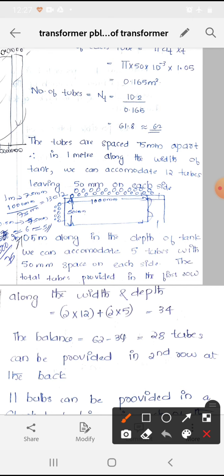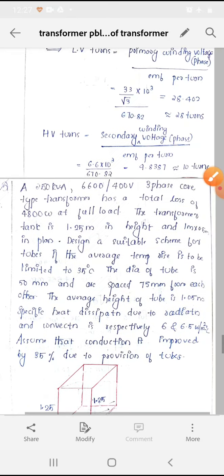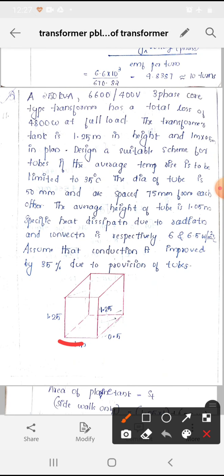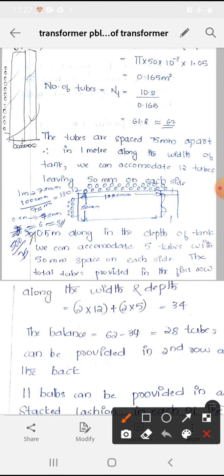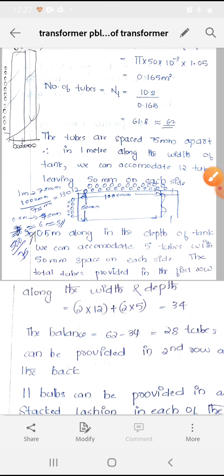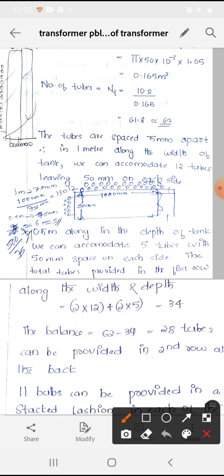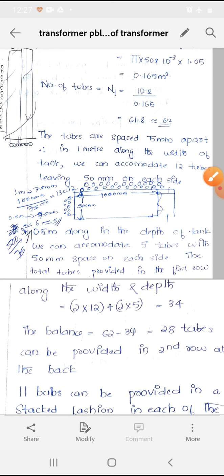For that, the length is given as 1000 mm and the breadth is given as 500 mm. In the question, the length is 1 meter and the breadth is 0.5 meter, so we changed them to millimeters, that is 1000 millimeter and 500 millimeter. We need to place the tubes over all these 4 sides of the tank.